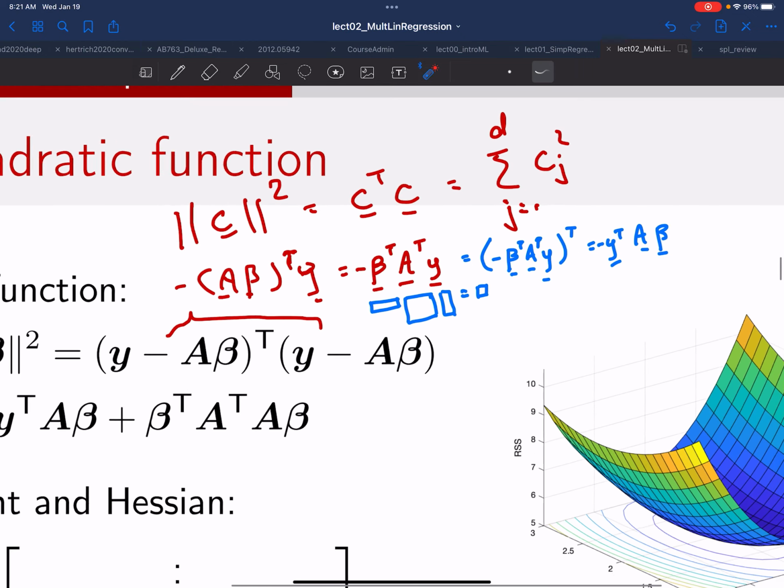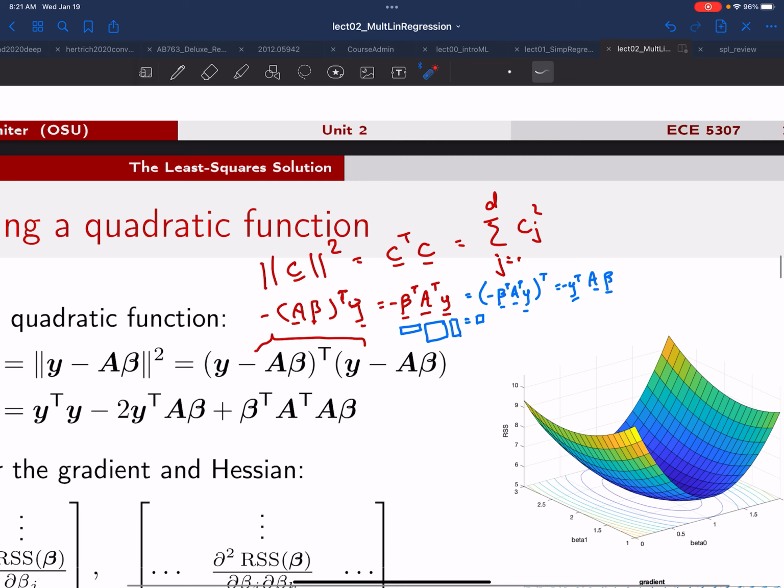This is all to explain where this term comes from, because we saw that part of it came from this Y transpose A beta. That's one of these two, but the other one comes from the other cross term. So in total, you have two of them. As you get more efficient with linear algebra, this will be obvious. But in case it's not, it's important to figure this out now so that you don't get hung up on it as we move through the semester.